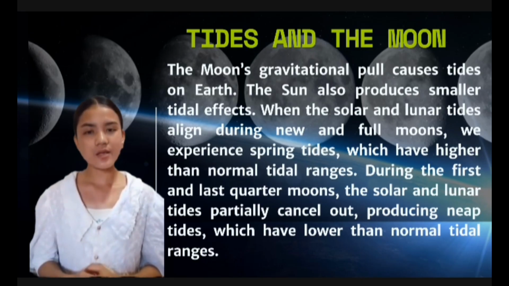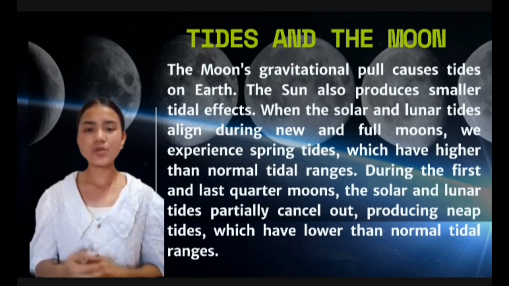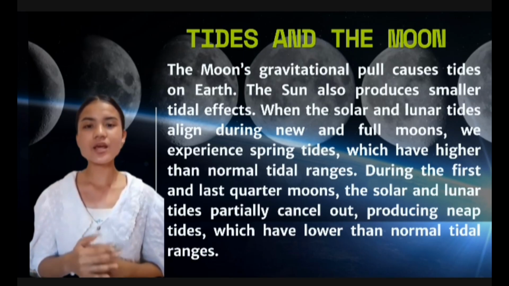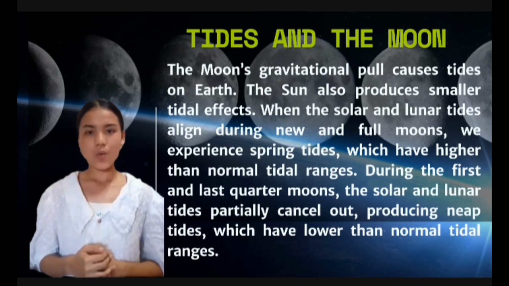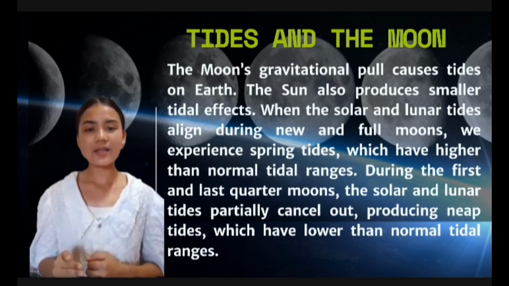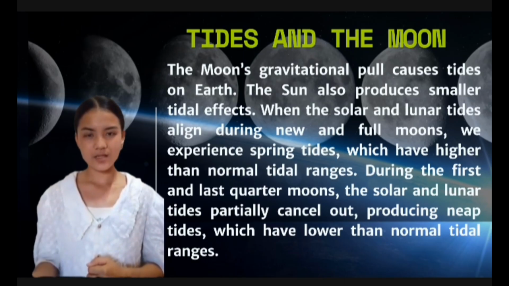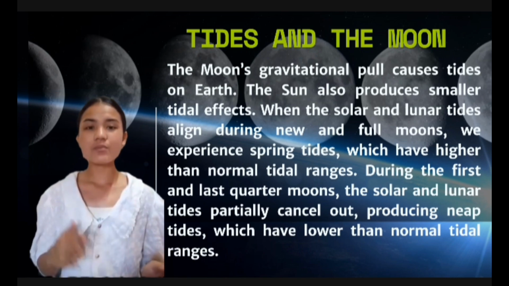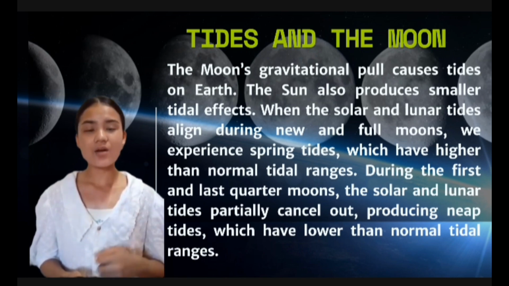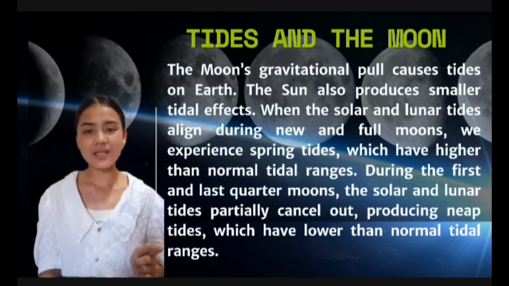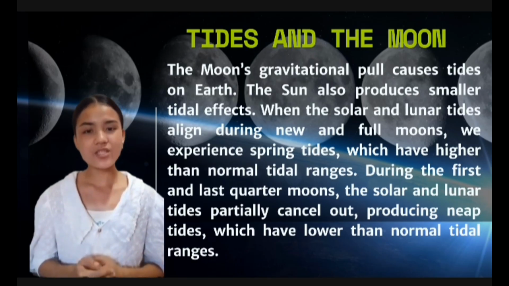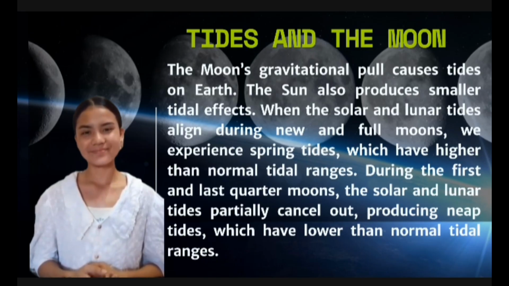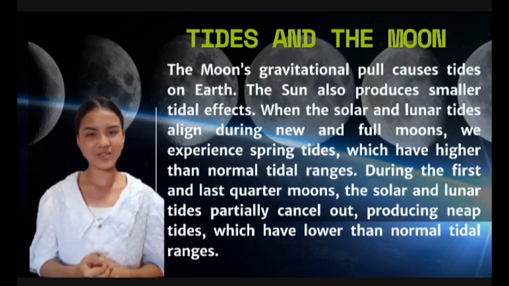Furthermore, when the sun, Earth, and Moon align during new and full moons, their combined gravitational pull creates spring tides, which are characterized by unusually high tides and low tides. Conversely, when the moon is in its first or last quarter phase, the sun and moon's gravitational forces are at right angles to each other, resulting in neap tides. Neap tides have a smaller tidal range, meaning high tides are lower and low tides are higher than usual. So any questions or clarifications?